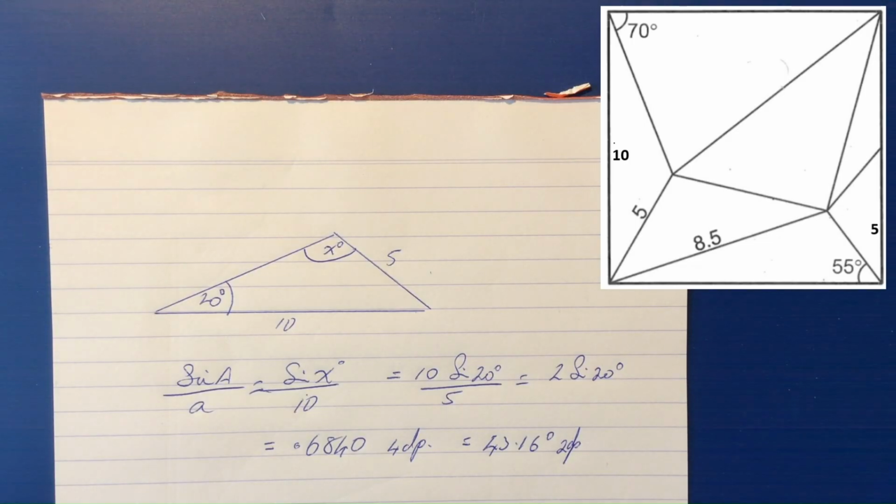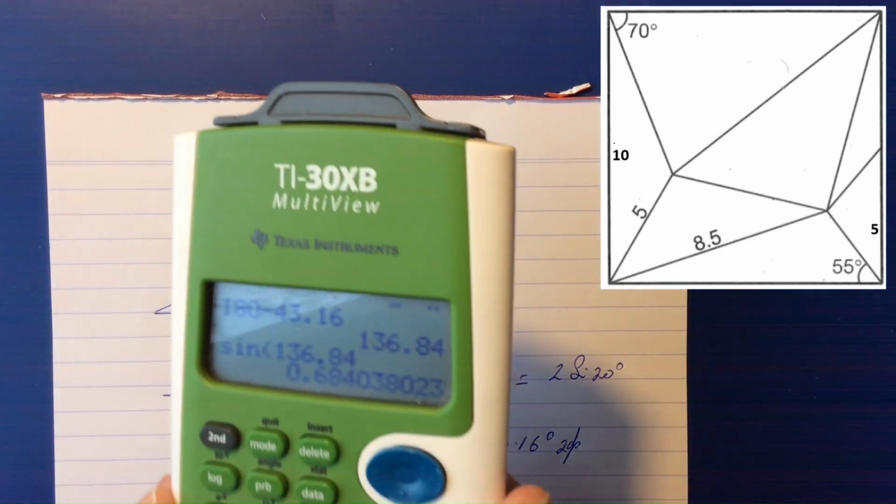Now, if I ask the calculator to find the sine of 136 degrees, I get the following.